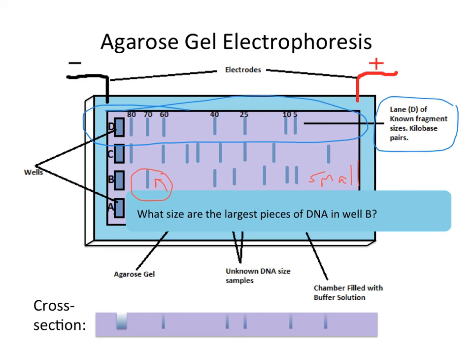That's like the positive control, kind of. So it just so happens that we know that this band is 80,000 base pairs long, and this band is 70,000 base pairs long, and that band is 60,000. That's what these numbers here are meant to represent. So it's an internal standard, something we can compare our unknowns to in lanes A, B, and C, and say, okay, so we can figure out now what sizes are these bands.